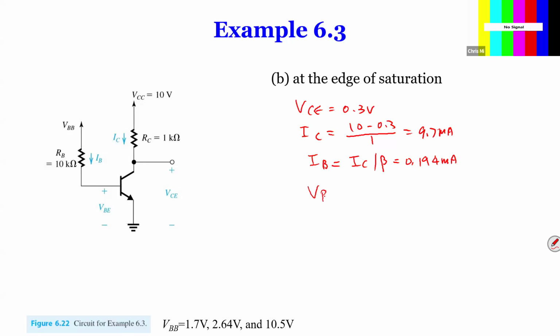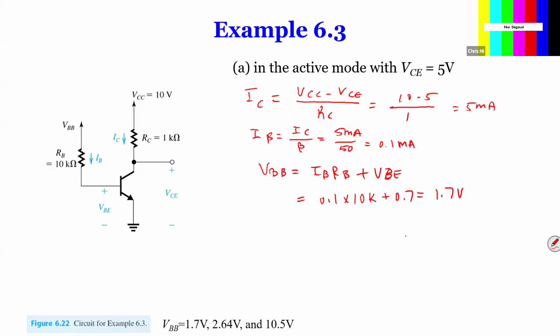So now we say VBB is equal to IB times RB plus VBE. It's going to be 0.194 times 10, that's 1.94, plus 0.7. That gives you 2.64 volts.